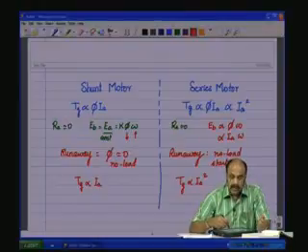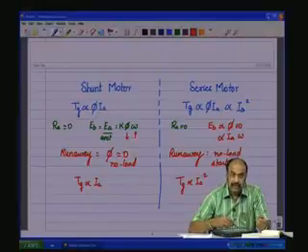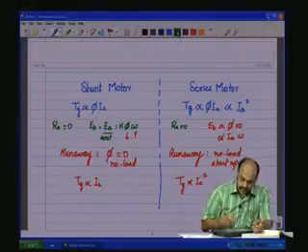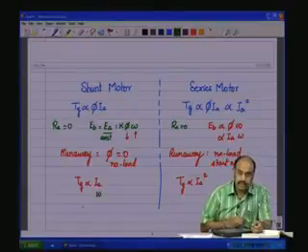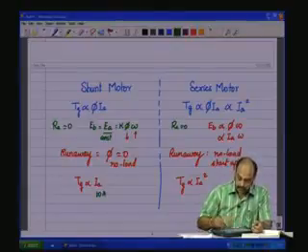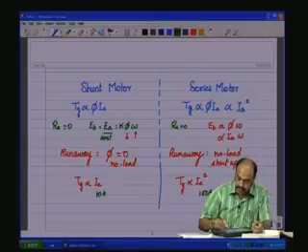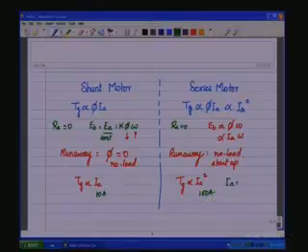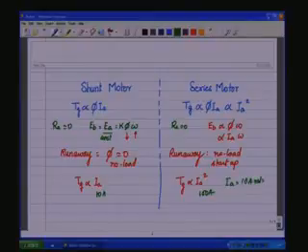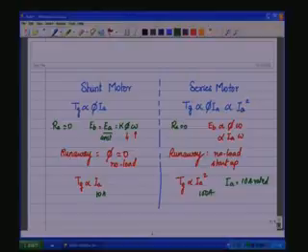So, therefore, for example, if I am having IA equal to 10 amps rated for both the cases, TG will be proportional to 10 amps, whereas TG will be proportional to 100 amps for a 10 amps rated. This makes a torque which will be much higher than the shunt motor torque for the same armature winding rating of the currents.